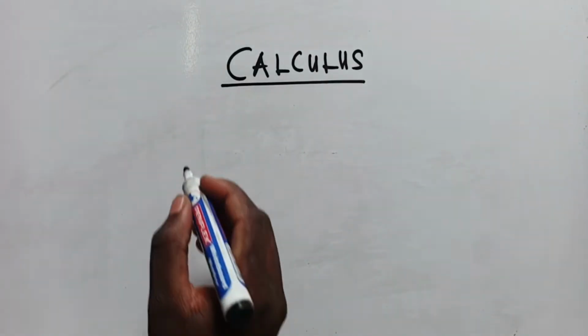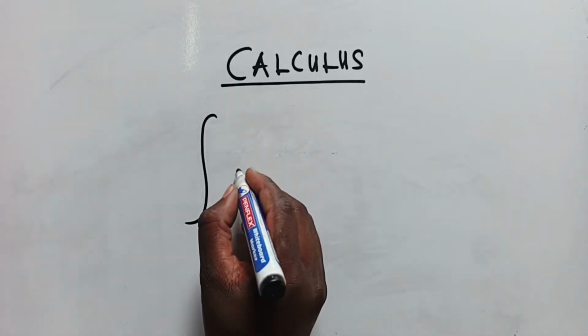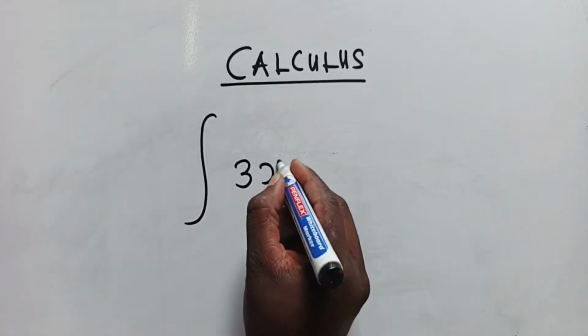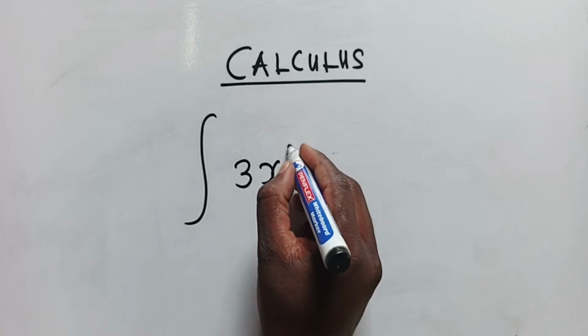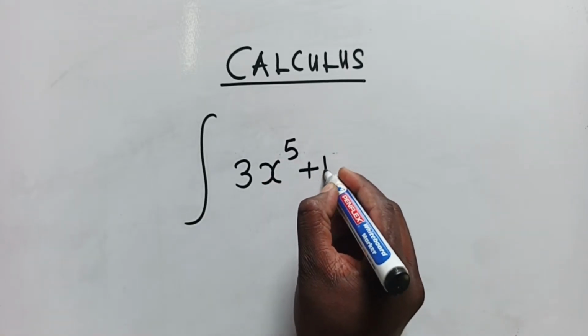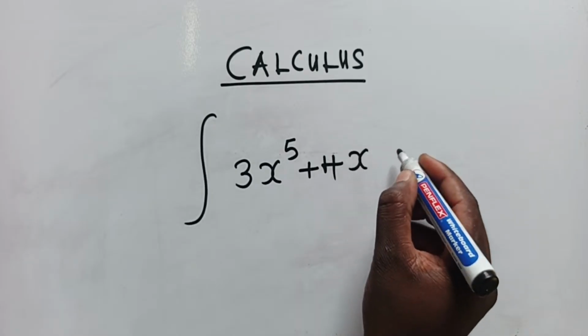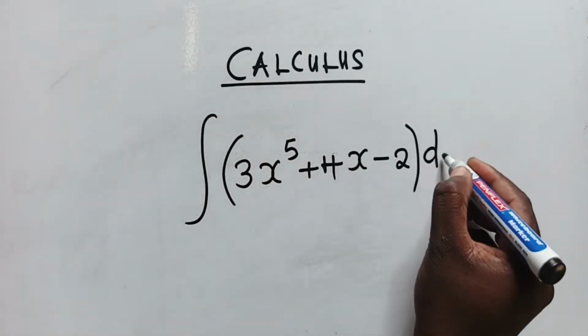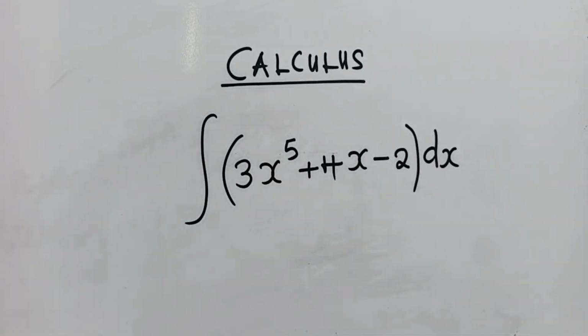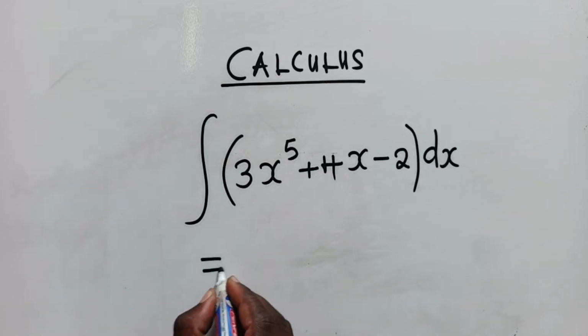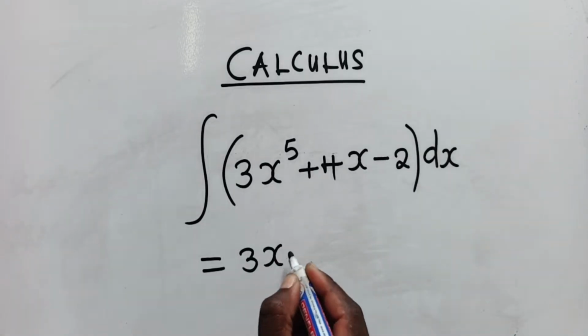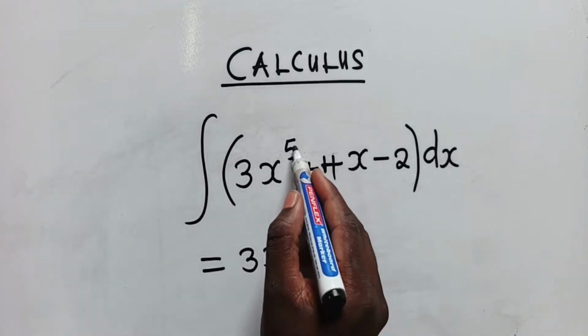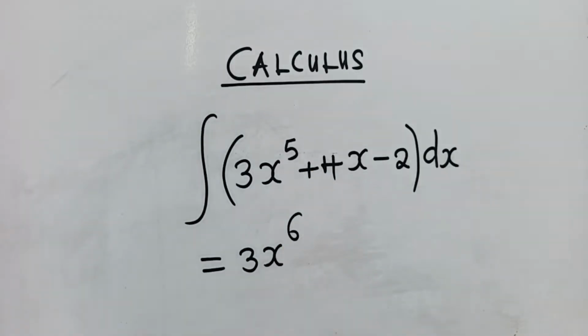If you meet something that looks like this, the integral of 3x power 5 plus 4x minus 2, if they ask you to integrate this, you always follow the rule of integration, which says add 1 to the power. So it will be 5 plus 1, which gives us a power 6.